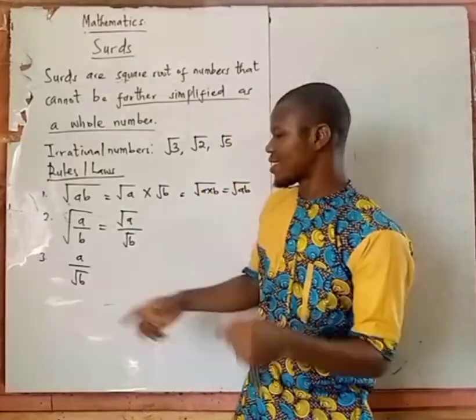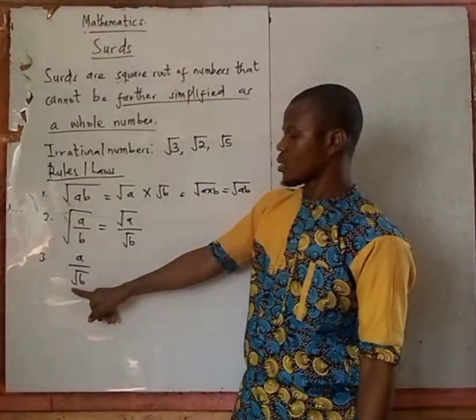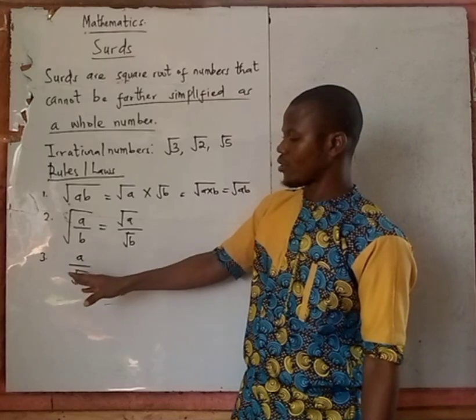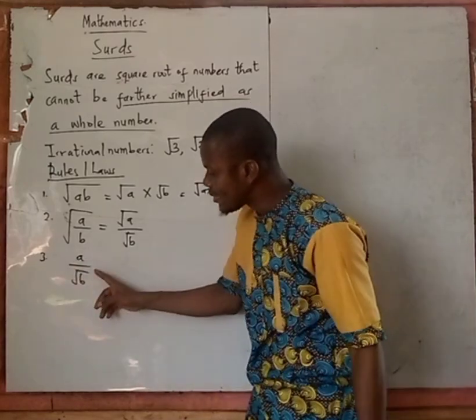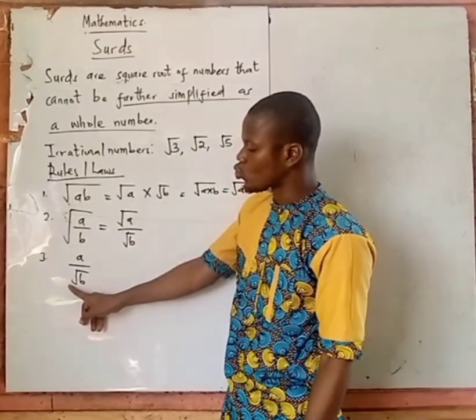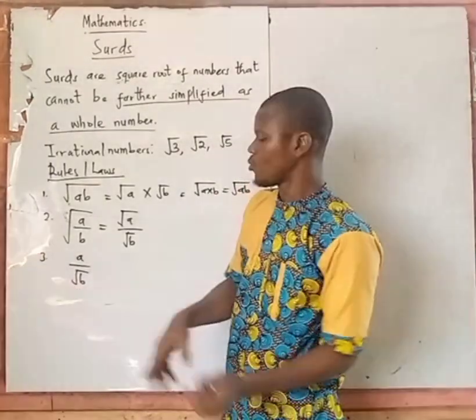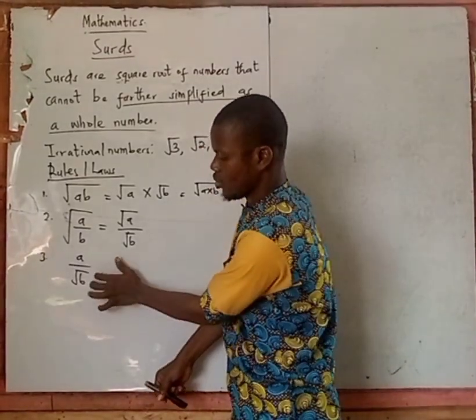So we are going to rationalize this surd, meaning we are going to multiply this fraction by the denominator, because we have the denominator in square root form.